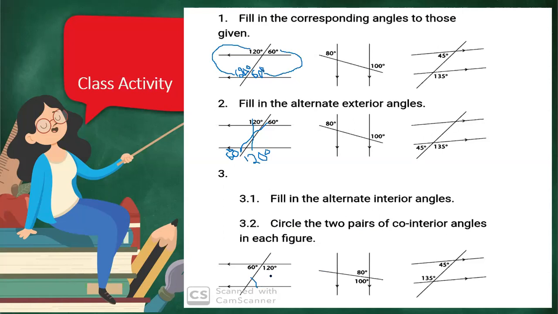Correct. They must give you 180 degrees. And this 60 right here, when you add it with an angle right here, they must give you 180 degrees on the same side of the transversal, side left and side right. Okay, and you only focus on the interior on this question, right?